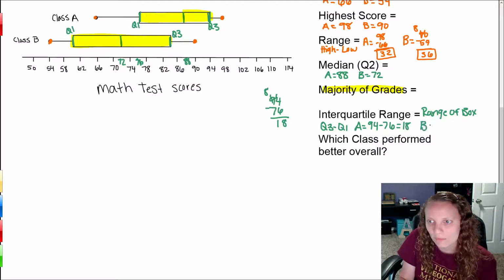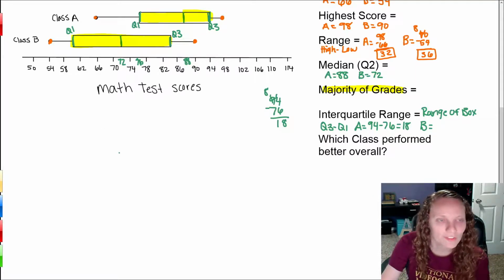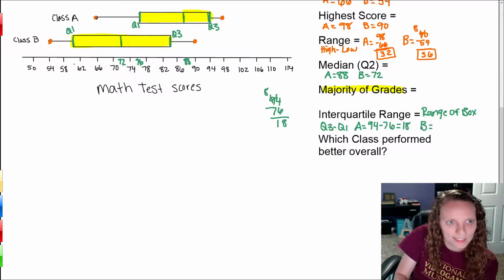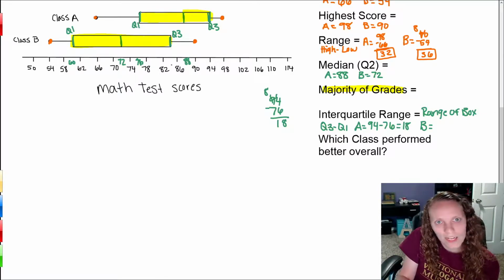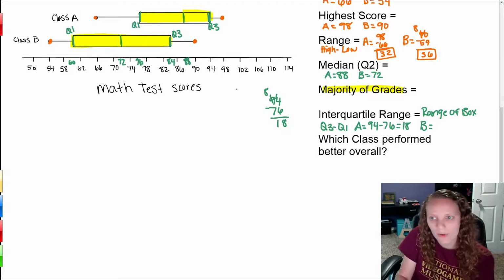And then class B would go from in between 58 and 62, that's 60, and then in between 82 and 86, that's 84. So we're going to do 84 minus 60.